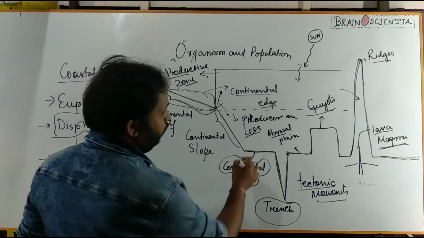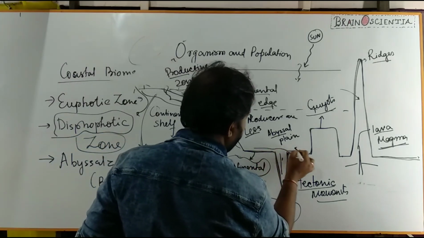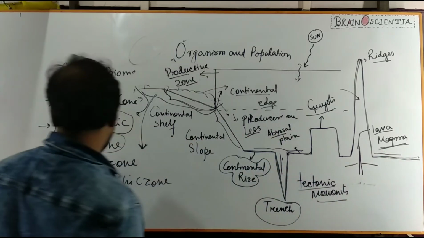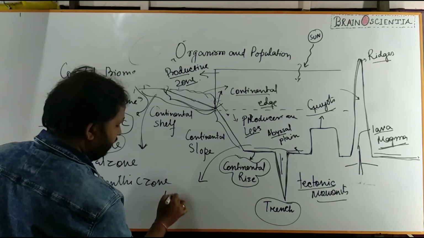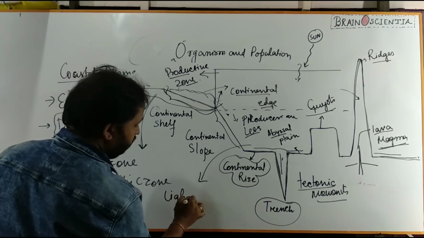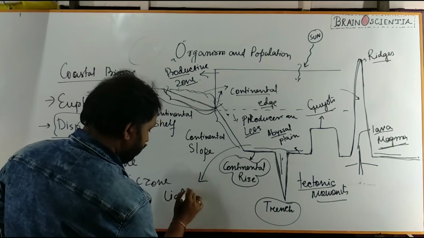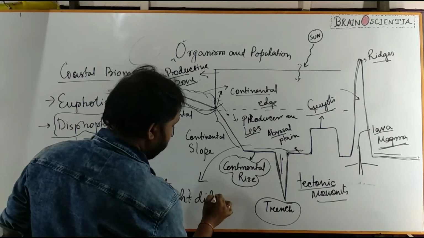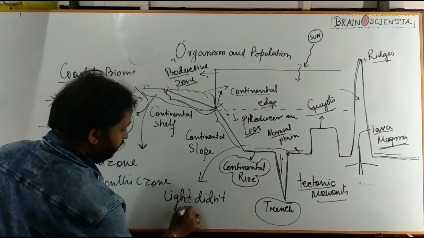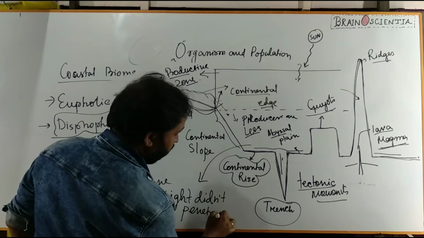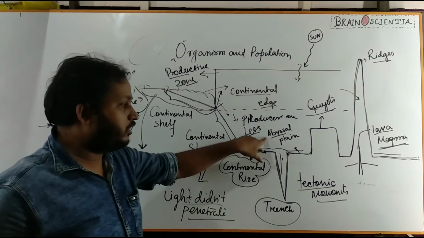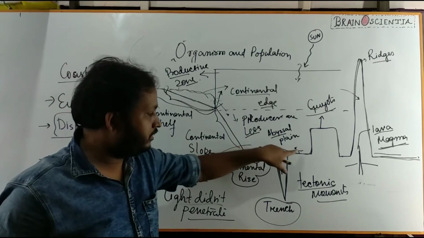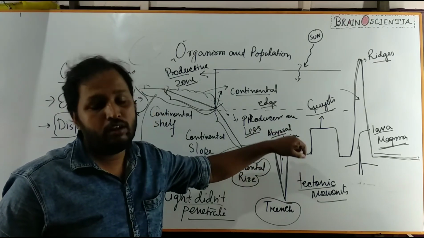But if you see the bottom of the ocean, this abyssal plain, that is the next zone, the abyssal zone. Here light is not able to penetrate. As a result, producers are not existent in the abyssal plain, in the ocean floor.